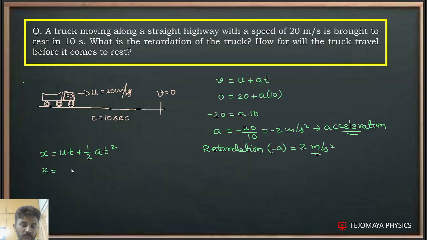So x is equal to, what is the u value? u is 20, time is 10 seconds, plus, what is the retardation? Minus 2, sorry, acceleration is minus 2, t is again 10 seconds square. So x is equal to 200 minus 100, since 10 square is 100, that is equal to 100 meters. So this is the distance traveled.